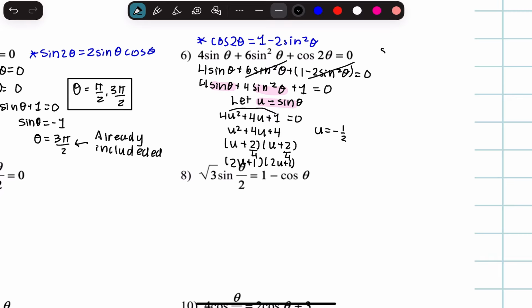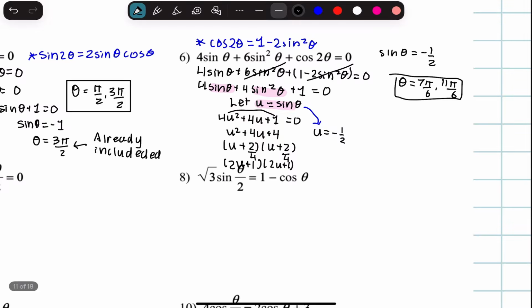Then sine θ is going to be -1/2, because you have to resubstitute sine θ back in. So sine θ is equal to -1/2, and now we have θ equal to 7π/6 and 11π/6. Now we can box that as our final answers.